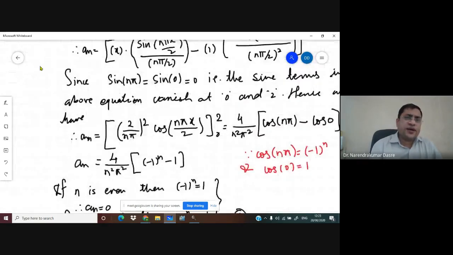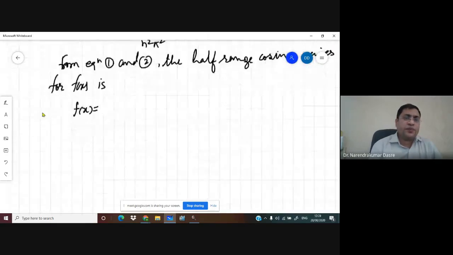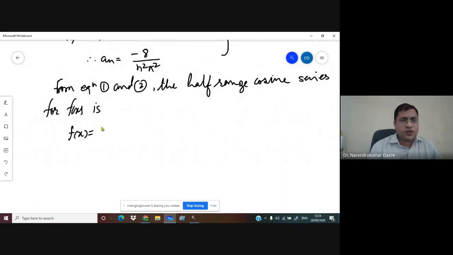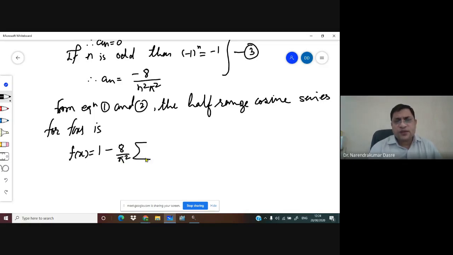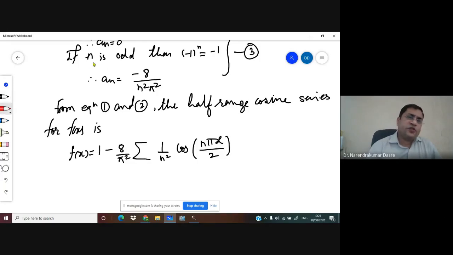What is the a0 we have calculated? So a0 is equal to 1, and this is an. So here we get, this is going to be 1 minus 8 upon pi square. This is going to be constant, we can take it outside. So 1 upon n square cos of n pi x by 2. But we have to be careful, this exists only if n is odd, and hence we have to write here n is odd. So when n is odd, then only this expansion exists.